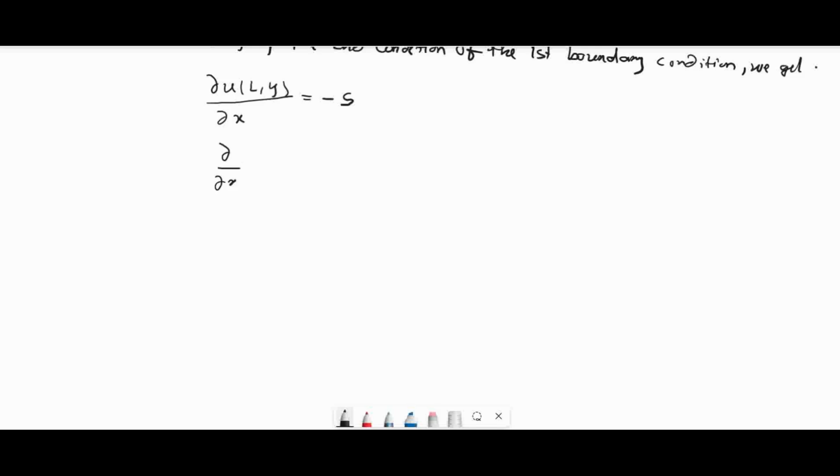Let us take this at x is equal to L. So we write an cos lambda n x plus bn sin lambda n x, whole into sin lambda n y, at x is equal to L, equal to minus s.